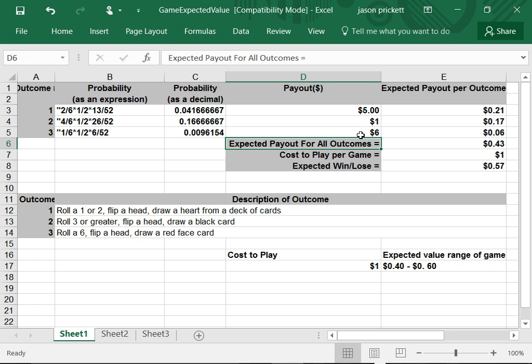Or whatever you like, as long as it fits in terms of our game. So right now, this means that on average, it costs $1 to play. Expected payout for all the outcomes is going to be 44 cents. The difference is going to be 56 cents. Perfect.